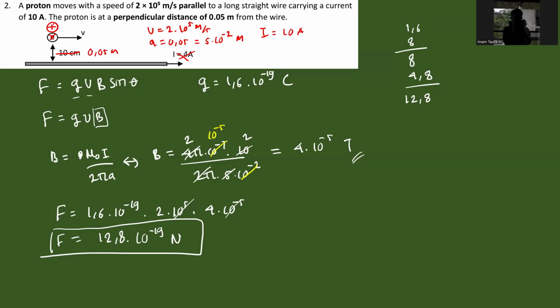To understand the concept more easily, for the proton we can just use the second right hand rule for finding the direction of the magnetic force induced by the current and magnetic field.